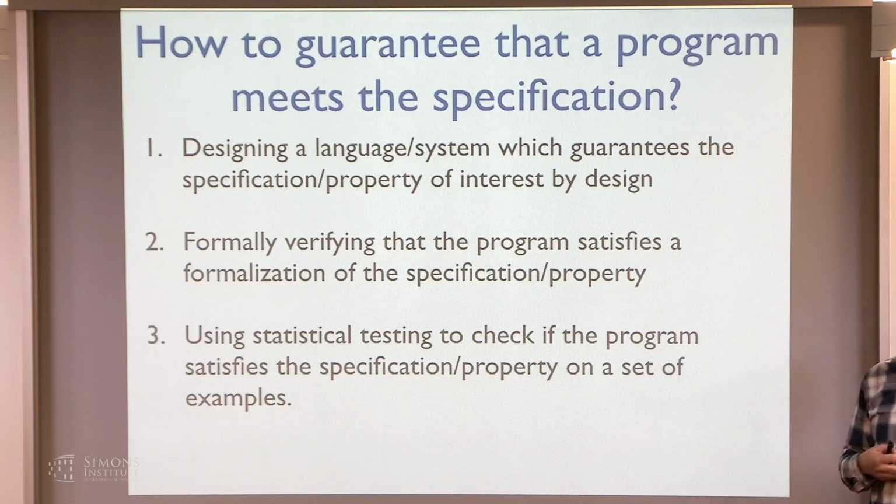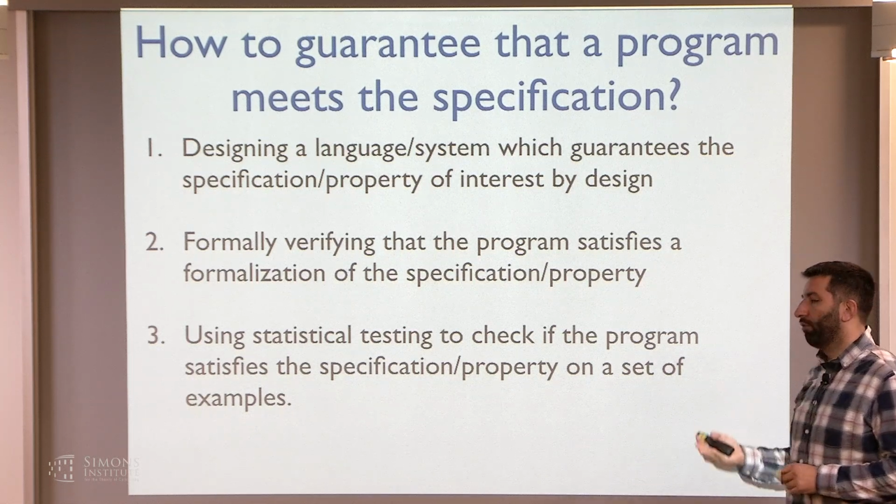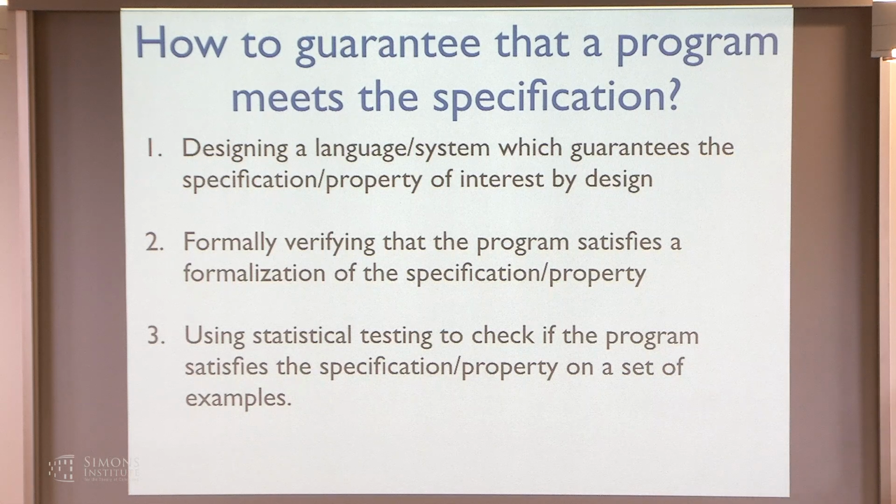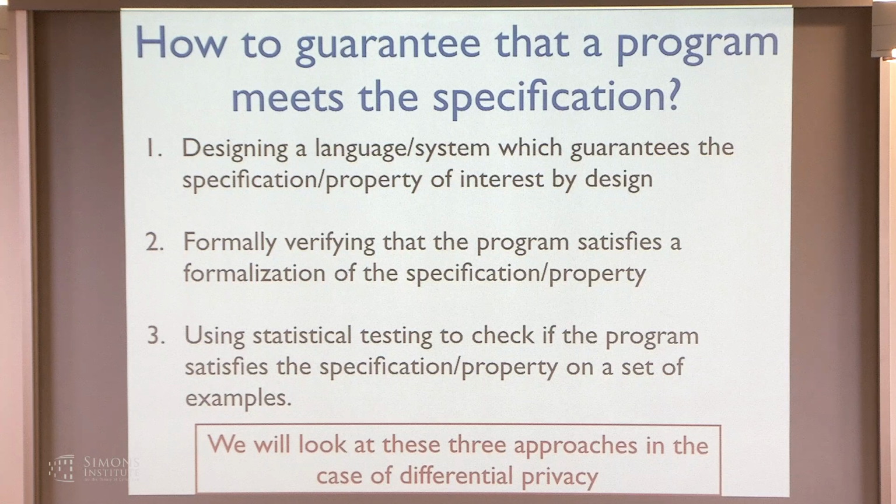This is not usually considered a formal method because we don't have a guarantee which is 100%, but a more statistical-based guarantee, where we can say that on a certain coverage of our code, we are quite convinced that the program meets the specification. And of course, I will try to look at these three approaches in the case of differential privacy. Okay. Any question?